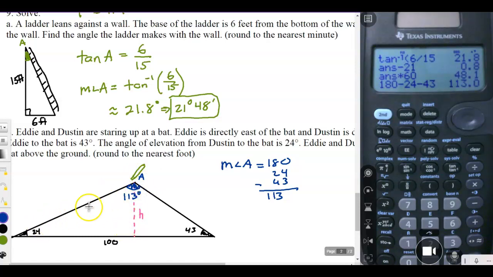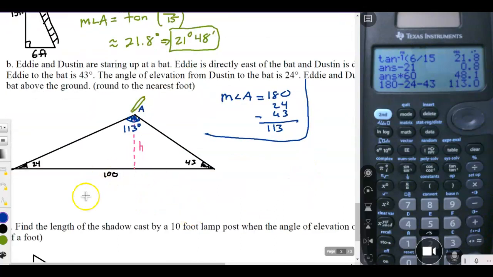Right, so I can use either one of these triangles right now, right? And with the law of sines, that can help us find a missing side here. So next, let's do that. Find the missing side. Go to green, and I can use sine of 113 and 100. It doesn't matter which one you pick, you've got to pick one.